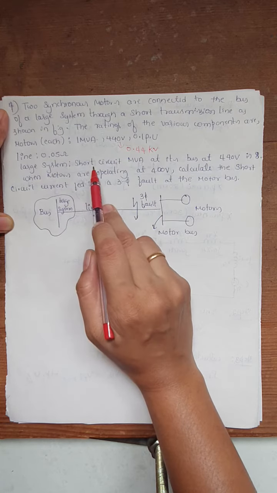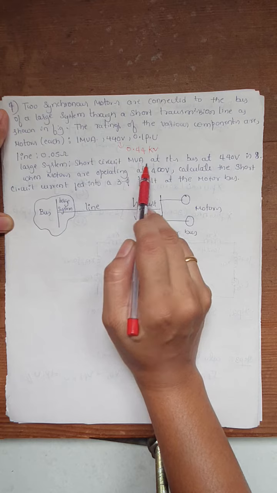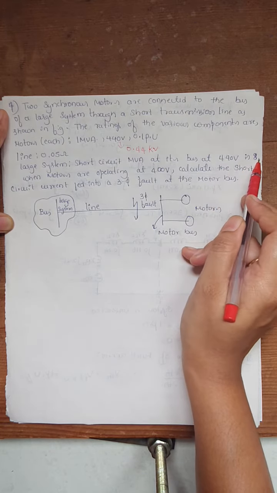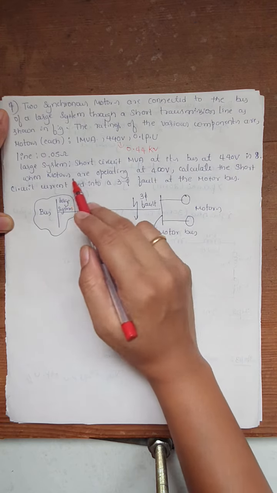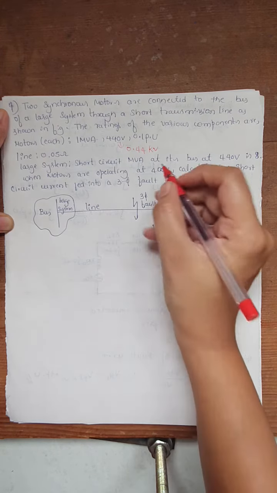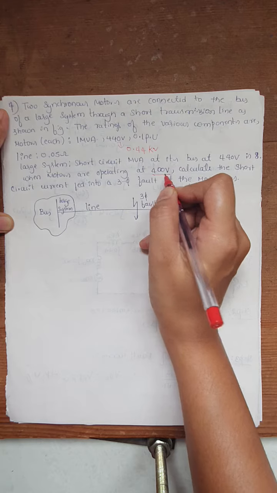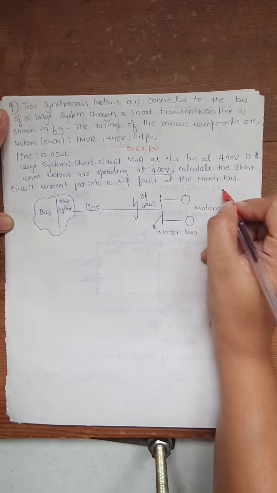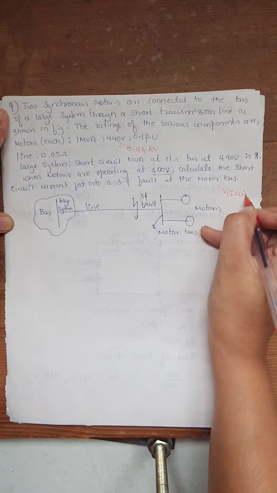Next is the large system, which has a short circuit MVA of 8 at its bus having 440 volt. Here they have given the motor operating at 400 volt, so we can consider this as the pre-fault actual value.